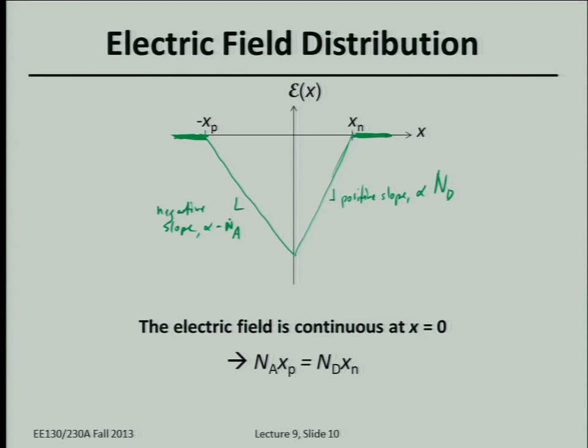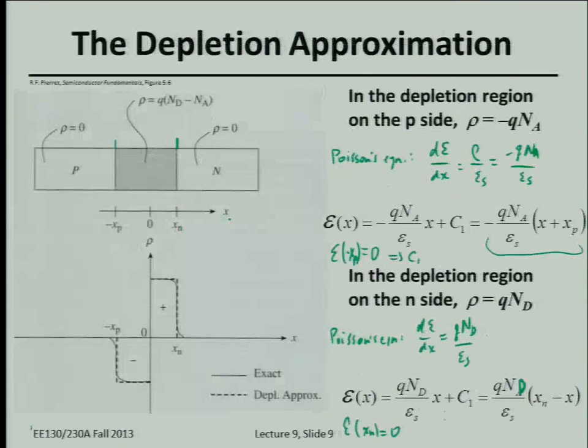So actually, just for conservation of charge, when you started out with P and N-type material, there's no net charge anywhere. So if mobile charge flows across this junction, leaving behind negatively charged and positively charged ions on either side, the total charge on the N side has to equal in magnitude the total charge on the P side.